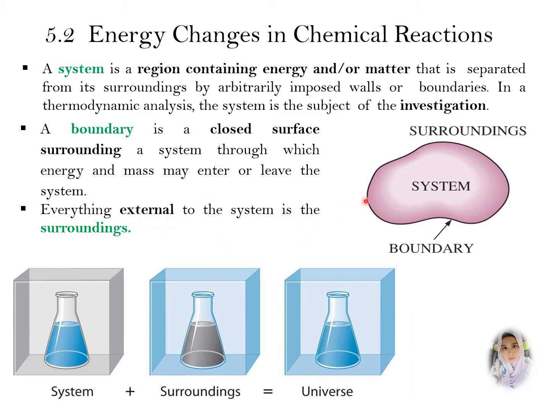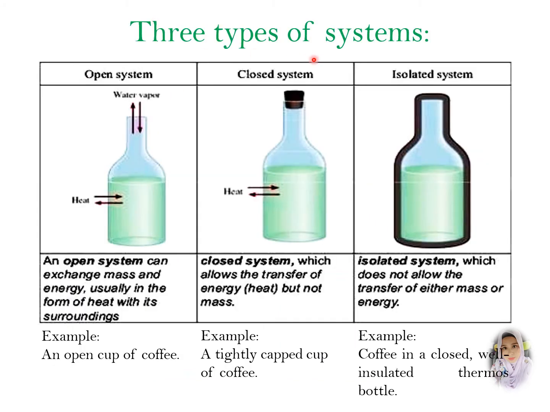Everything around the system is called the surroundings. The system is the part of the universe being studied, while the surroundings are the rest of the universe that interacts with the system. There are three types of system: open, closed, and isolated systems.